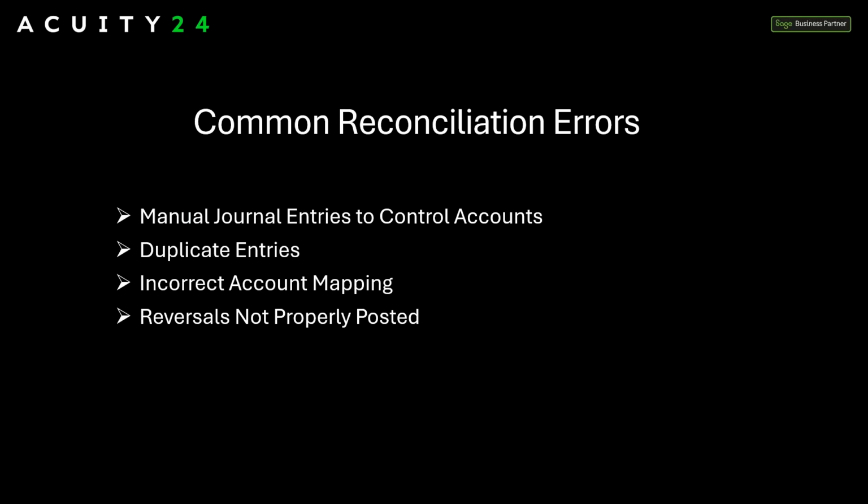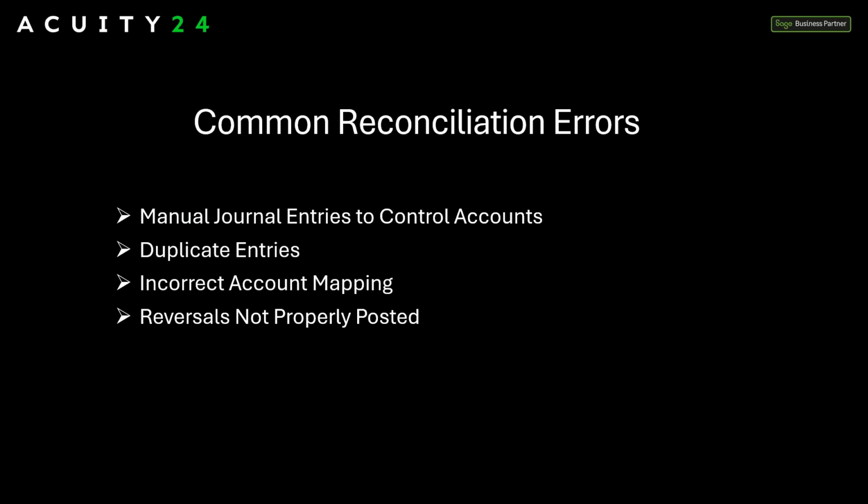Under duplicate entries, some transactions are recorded more than once. In this case, it is best to identify duplicates and then reverse them or correct them before your reconciliation. And incorrect account mapping.